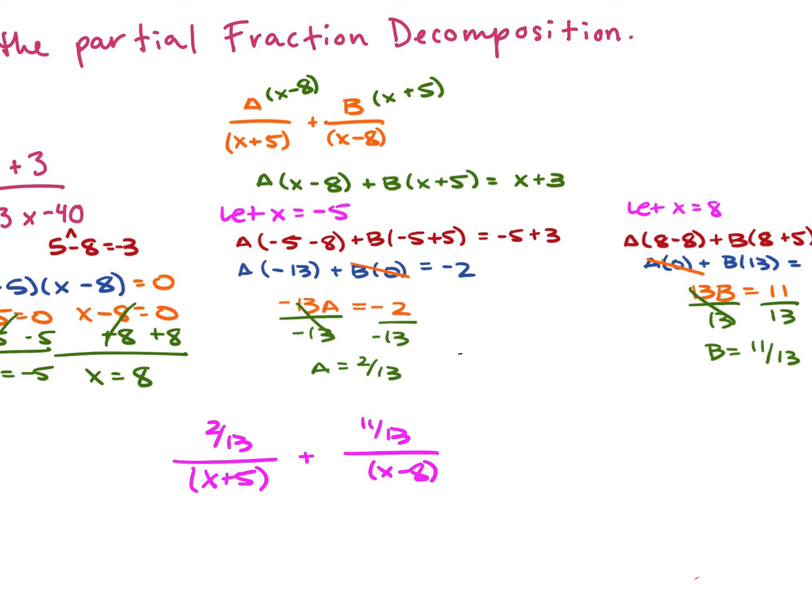Remember, this is the same exact thing as saying like 2 over 13 divided by x plus 5. So keep, change, flip. This is going to give us 2 over 13 times x plus 5 plus, keep, change, flip, 11 over 13 times x minus 8.